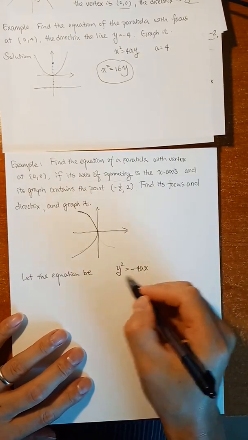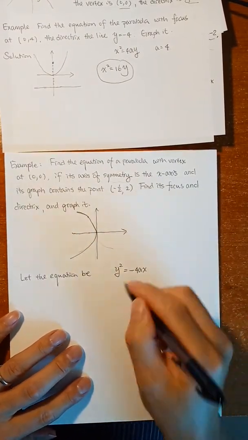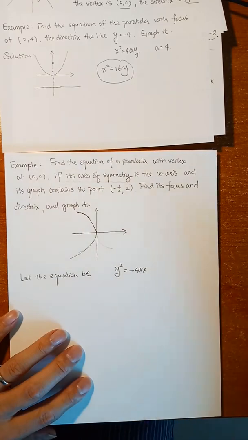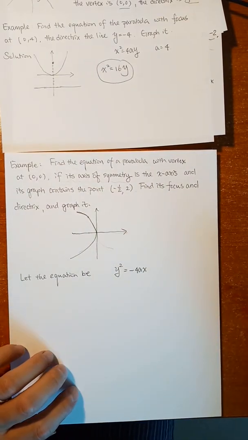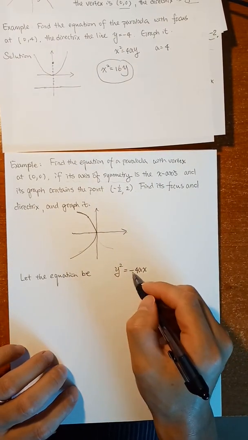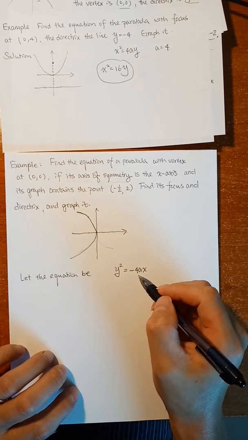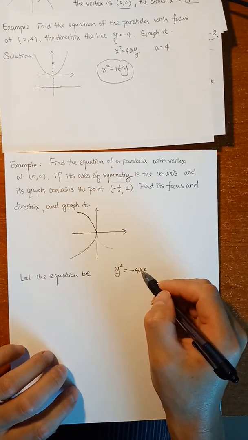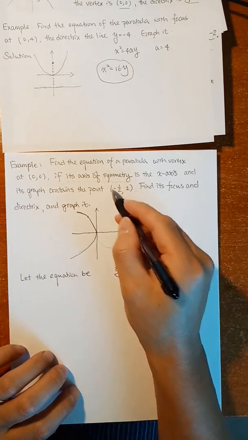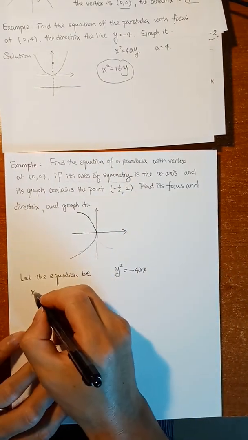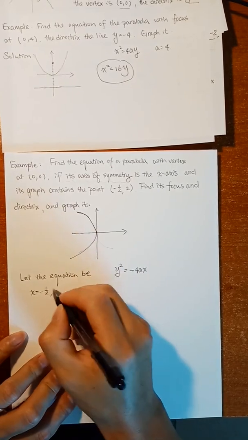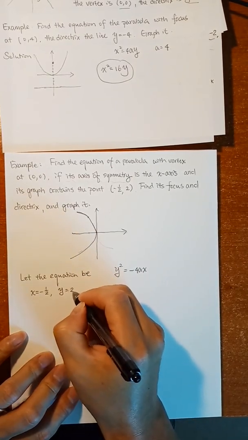So it's negative x. Because you have x here, the other letter will be squared. So the equation is y squared equal to negative 4ax. We don't know a. What is a? The graph contains this point, so x is negative 1/2, y is equal to 2.